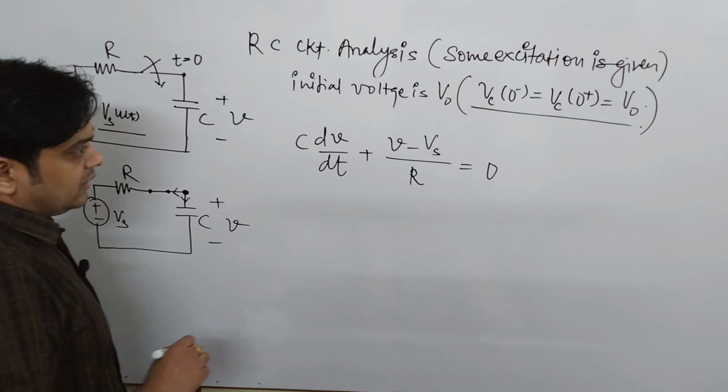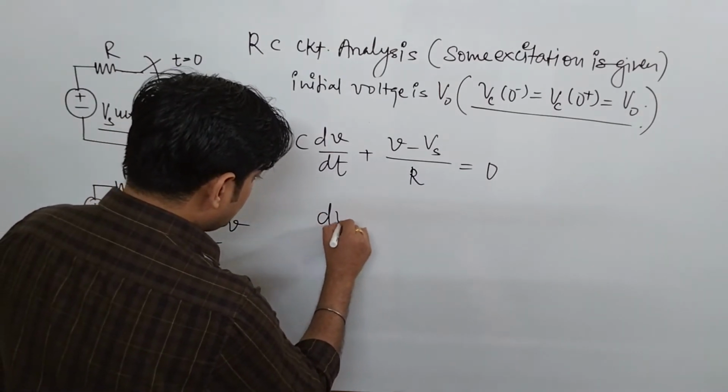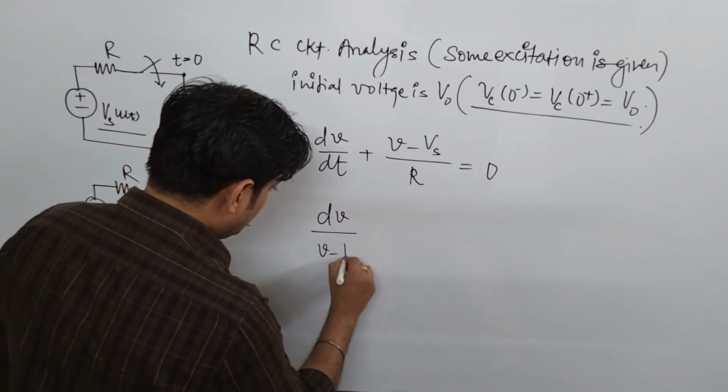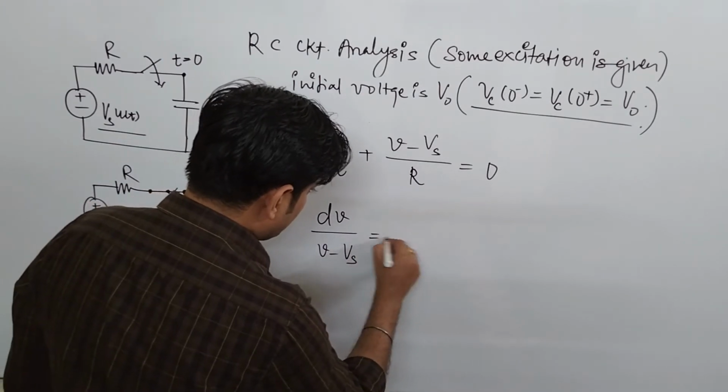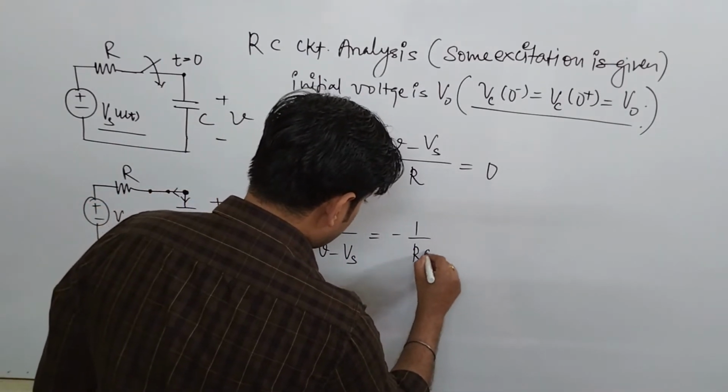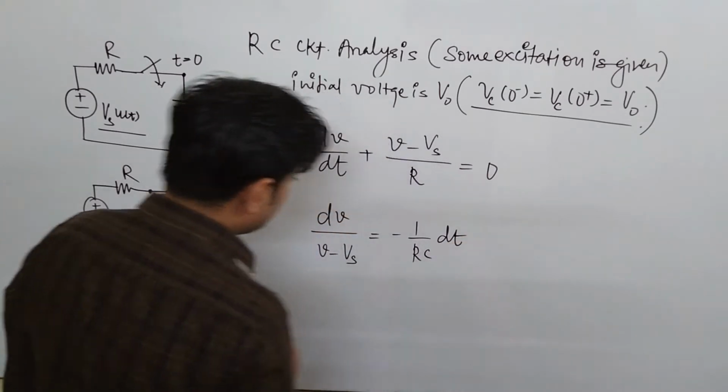From here, if you solve this equation, it comes to be dV upon (V minus Vs) equal to minus 1 upon RC, times dt.